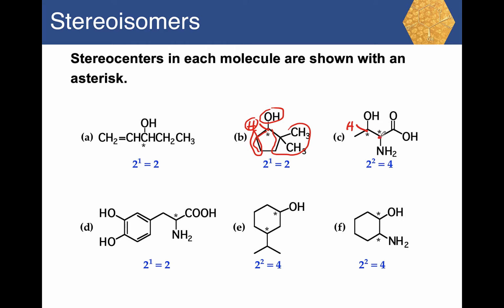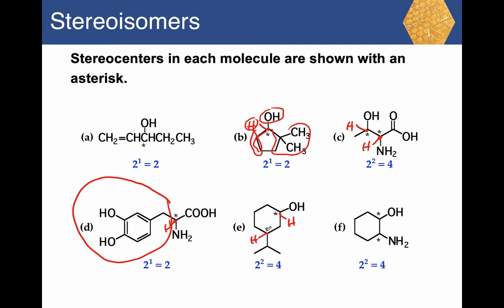Here's another center because we have hydrogen here, 1, 2, all of this is 3, and all of that now becomes 4. Here's a stereogenic center. Don't forget your hydrogen, 1, 2, 3, and all of this now is 4. Here's one, hydrogen again. Here's another one, hydrogen again.